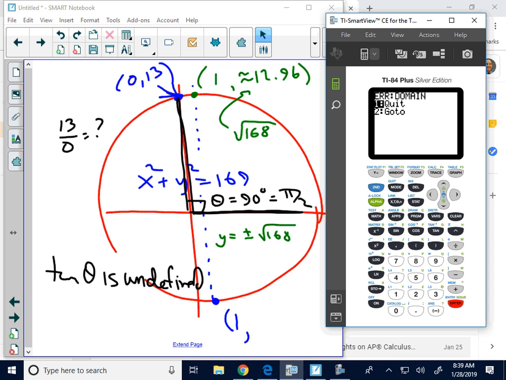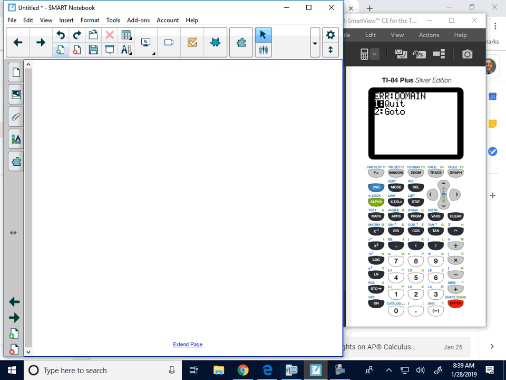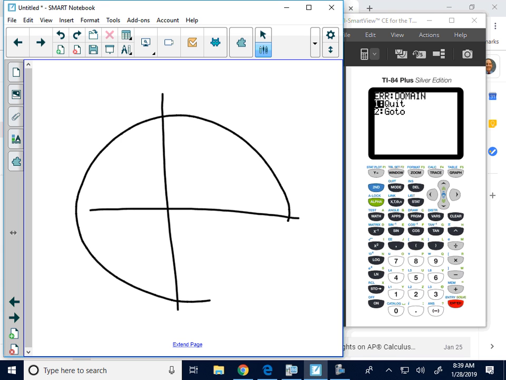and then we'll look at the graph. So let's suppose we again have this circle. This is 13, 0, so the radius is 13. And we have this dot really, really close to the top of the circle, and the x-coordinate now is, I don't know, 1 fourth. What is the corresponding y coordinate?